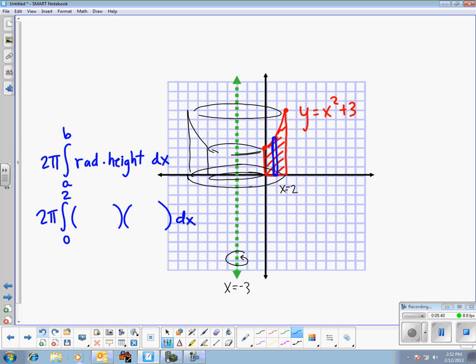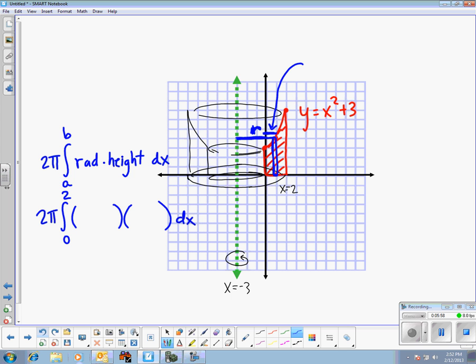So, here's the radius of each shell. The radius of each shell goes from the axis of revolution over here at -3 over till I touch the graph. So, from the axis over to the graph, this little line right here has two names.